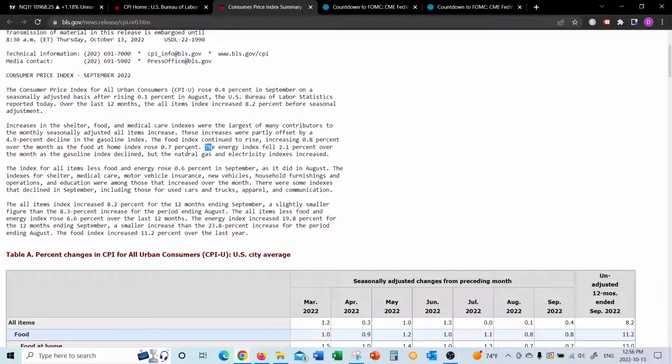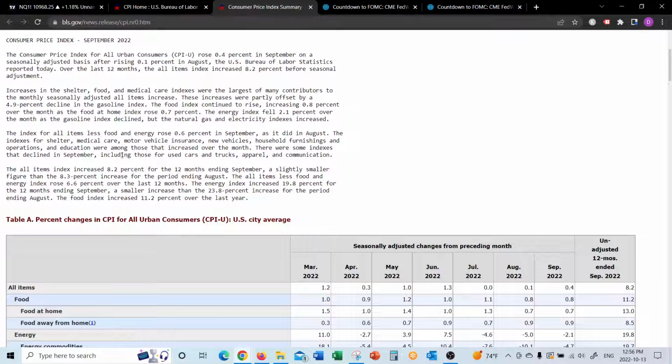So again, we know this, but natural gas and electricity indexes have increased because, of course, the issue with Russia, Ukraine, with the war and all that. That's also keeping natural gas prices elevated. Electricity bills on the Europe side, definitely you see a lot of increases there.